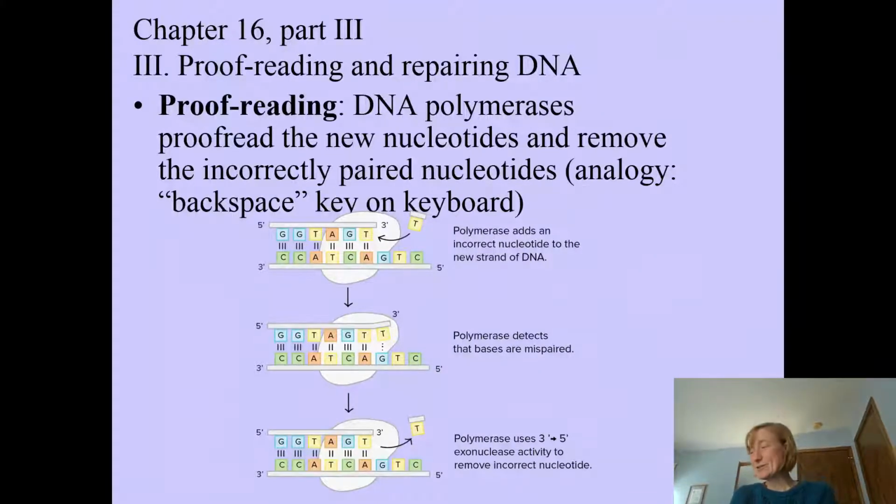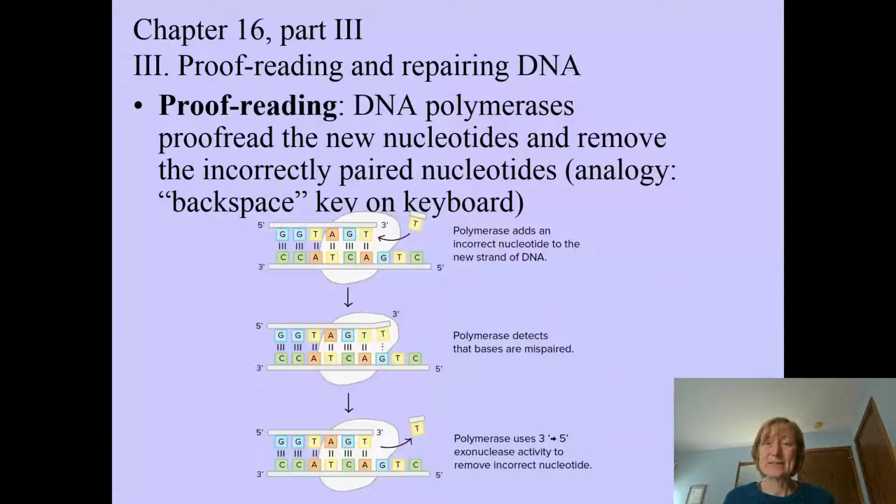A lot. It turns out that humans have over 130 different DNA repair enzymes that help to deal with messed up DNA. The first thing that is worth mentioning is proofreading. DNA polymerases, as they build new DNA, proofread the DNA.